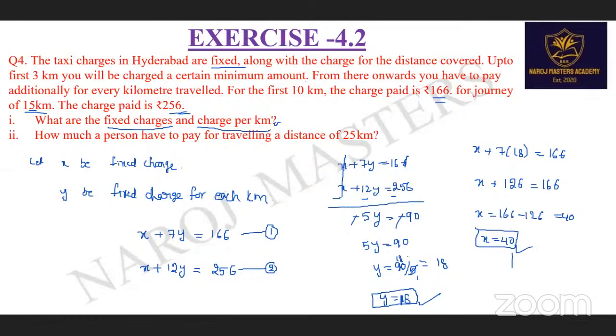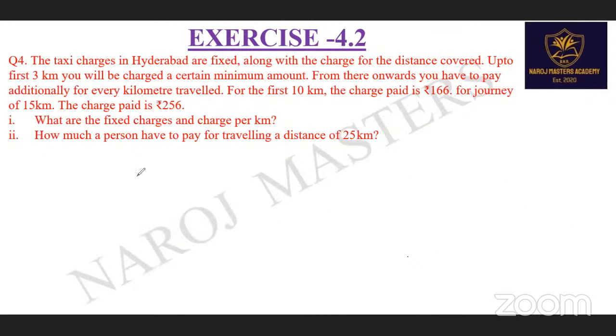For 25 kilometers, we need to make an equation here. For 25 kilometers, x is the fixed charge for the first 3 kilometers, and after 25, 3 gone means 22 more kilometers, and the charge per each kilometer is y. We know what x is here, the fixed charge, that is 40 rupees, plus for the next 22 kilometers he has to pay 18 rupees per kilometer.